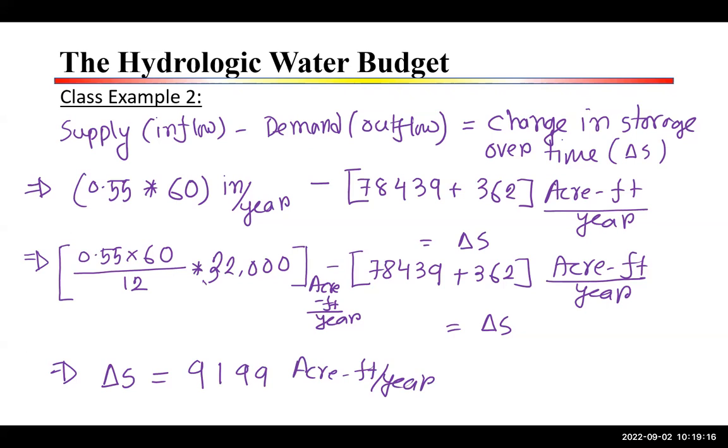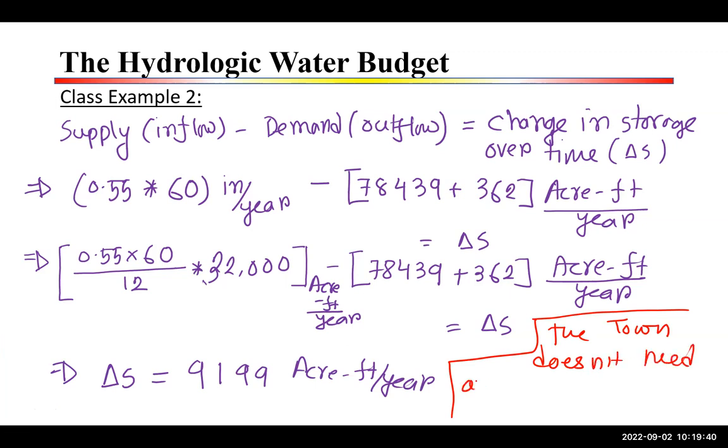No, right? What about the other people? What do you think? Do they need any other source or should this be enough? The natural water should be enough, right? Okay, so I will just make a note here that the town doesn't need any additional water source.